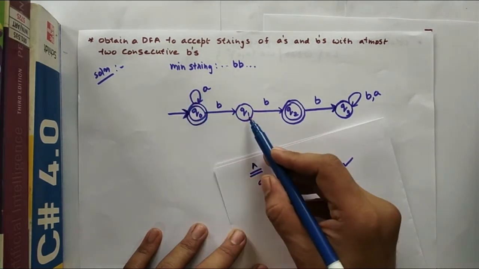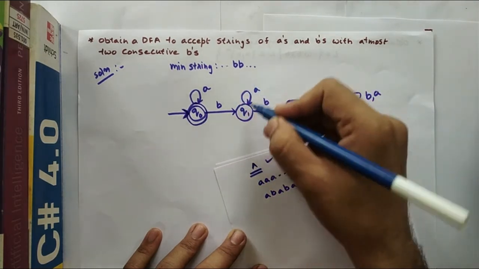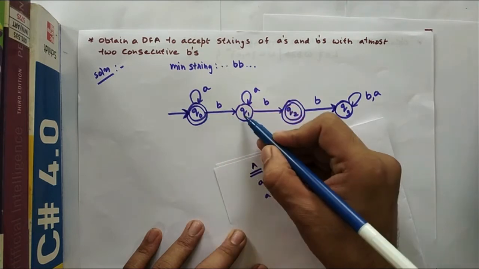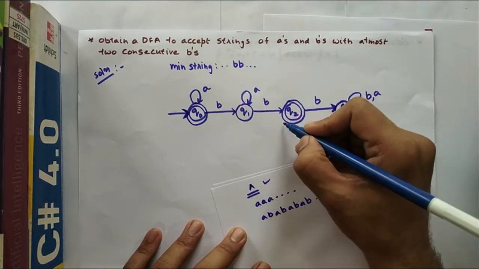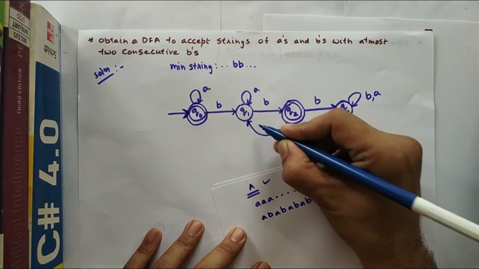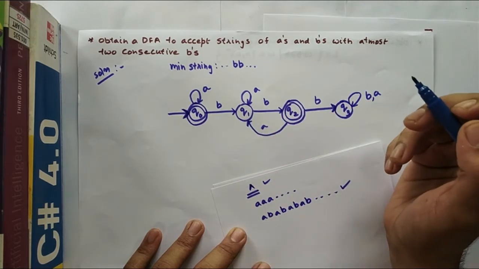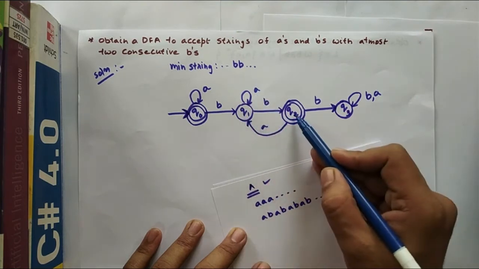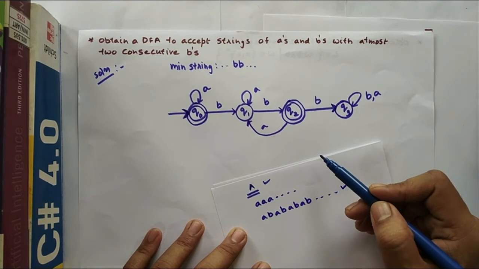So A, B, then you can have a number of A's, B, A, B, but after B there should not be any other B. Then you can simply say A, B, A, B, A, B, A, B, and you can go on. So A's, B, some more A's, B, A, B, A, B, A, B, and so on, should be accepted.